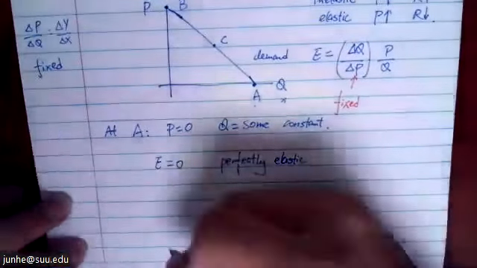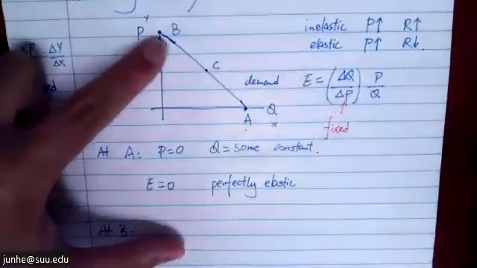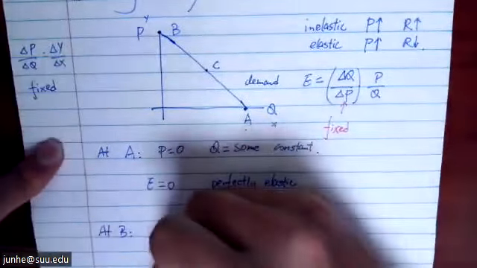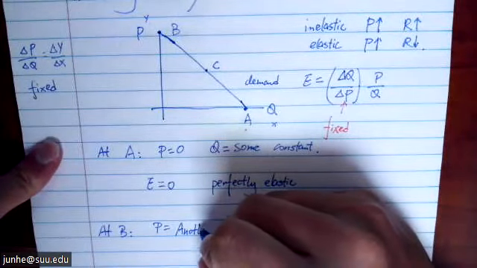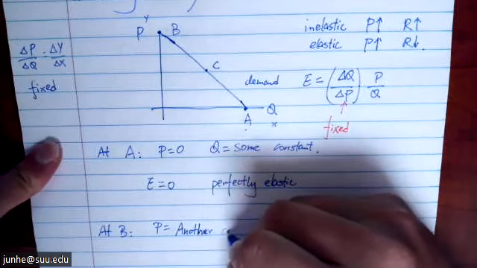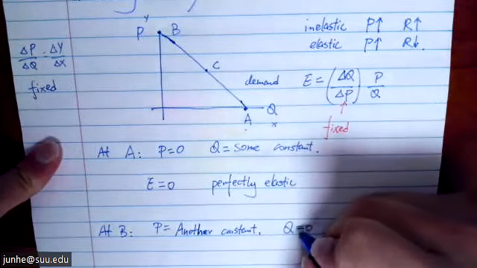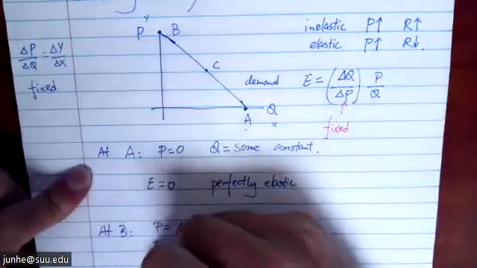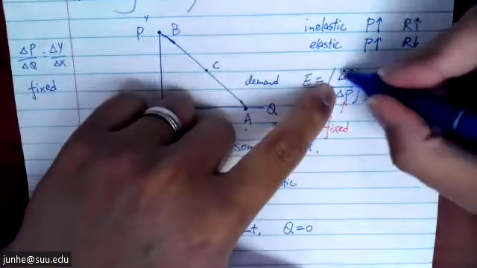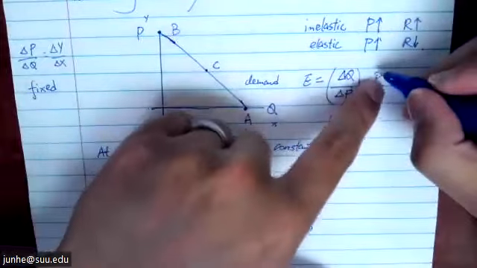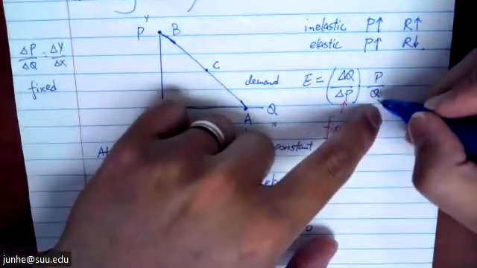Then let's look at point B. At point B, P is another constant, but Q equals 0. Then what's the elasticity? P is a fixed value, which is the height, but Q is 0.